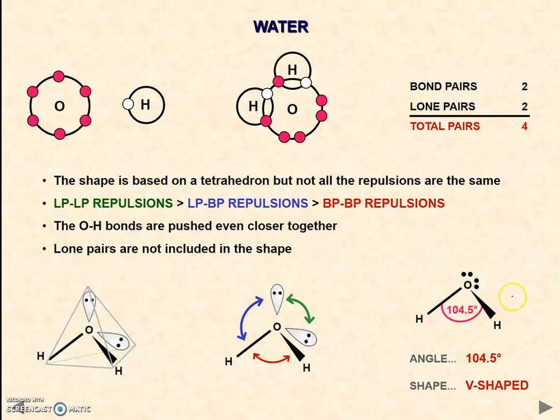So here we can see that we've got extra repulsion between the lone pairs, and extra repulsion between the lone pair and the bond pair there, and that's greater than the repulsion between the 2 bond pairs. So this reduces the bond angle even further to 104.5 degrees, and we call this V-shaped.